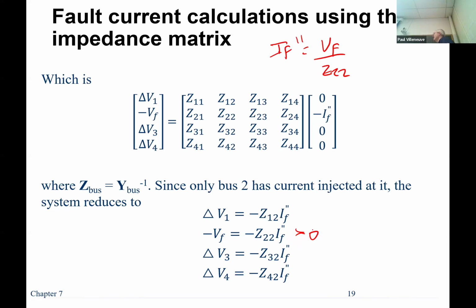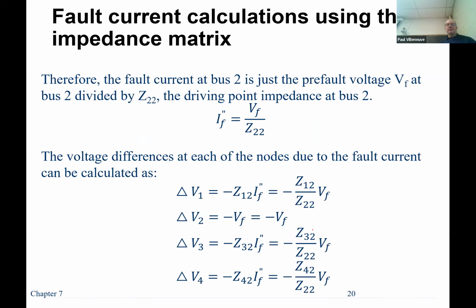Delta V3 is negative Z32 times IF double prime. And delta V4 is negative Z42 times IF double prime. And so now I just update my voltages, right? I've got those actual values. If you want to simplify, you can see that this here is the current, so I can stuff that into this equation, and then I can just use kind of a simpler approach.